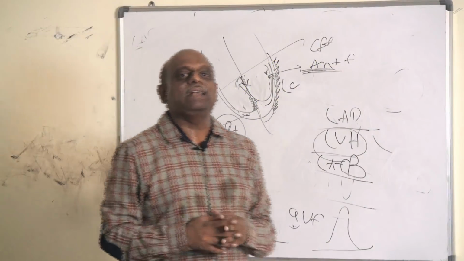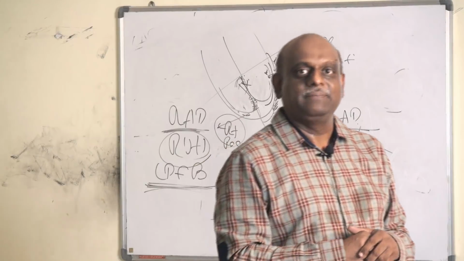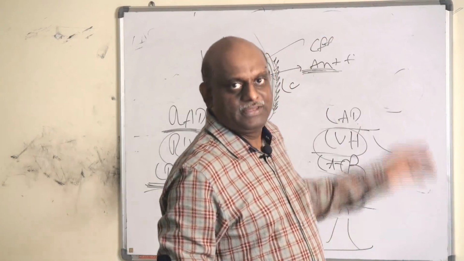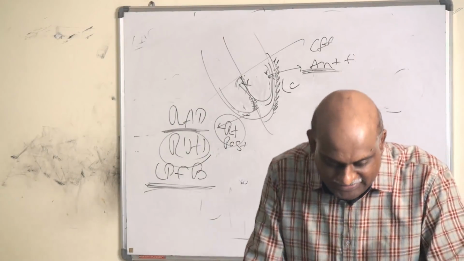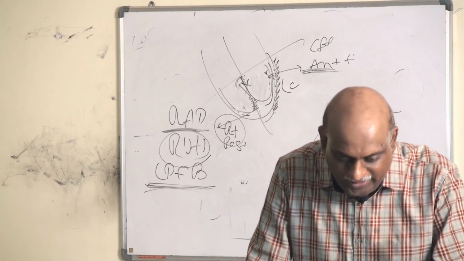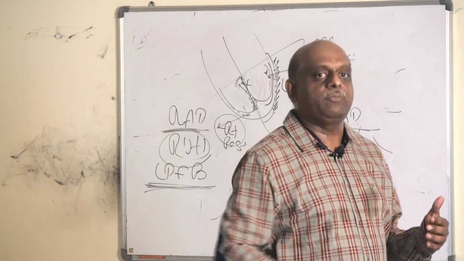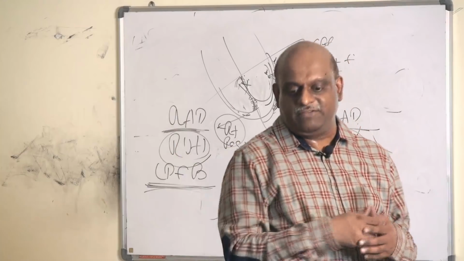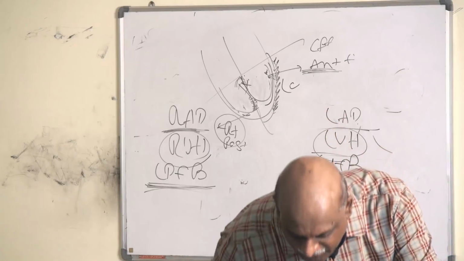What kind of axis deviation do you expect? Please punch your answers. No, show me the board. I want to see your answers. Till now you heard: left anterior fascicular block leads to left axis deviation, left posterior fascicular block leads to right axis deviation. If the left bundle itself is blocked, which axis deviation do you get?